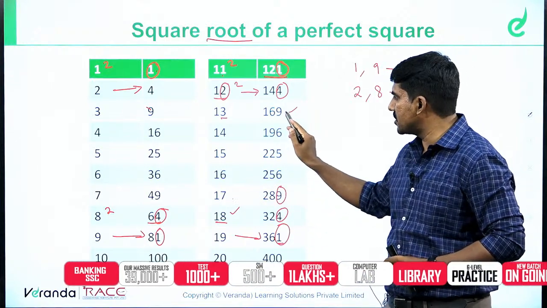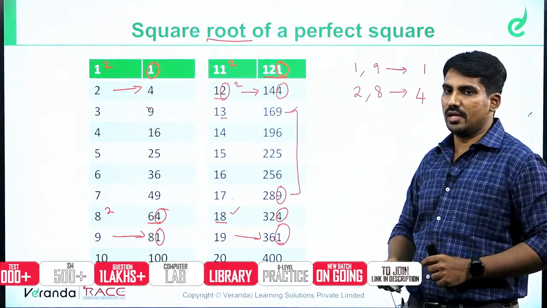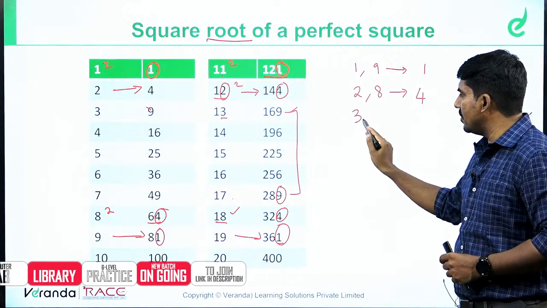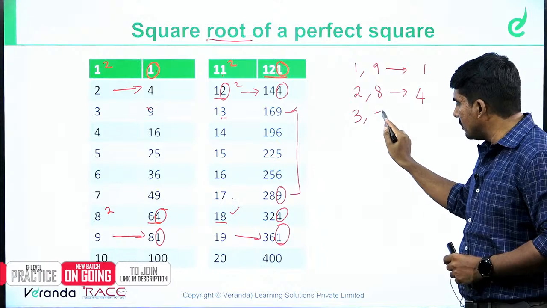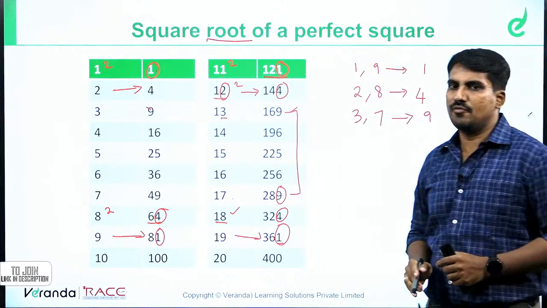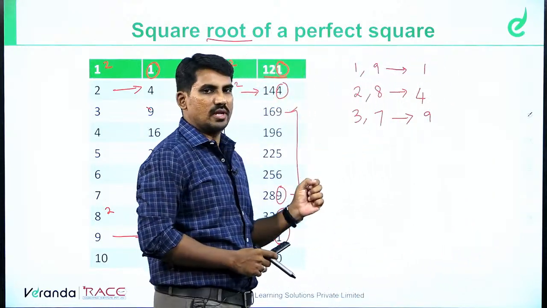You see this combination? 13 square is 169, 17 square is 289. Therefore, listen, any number ending with 3 or 7, its square always ends with 9.